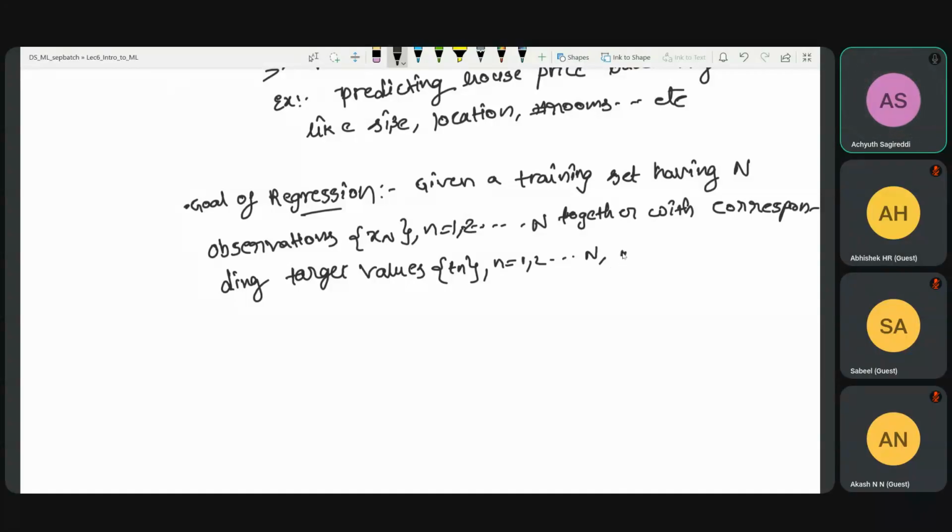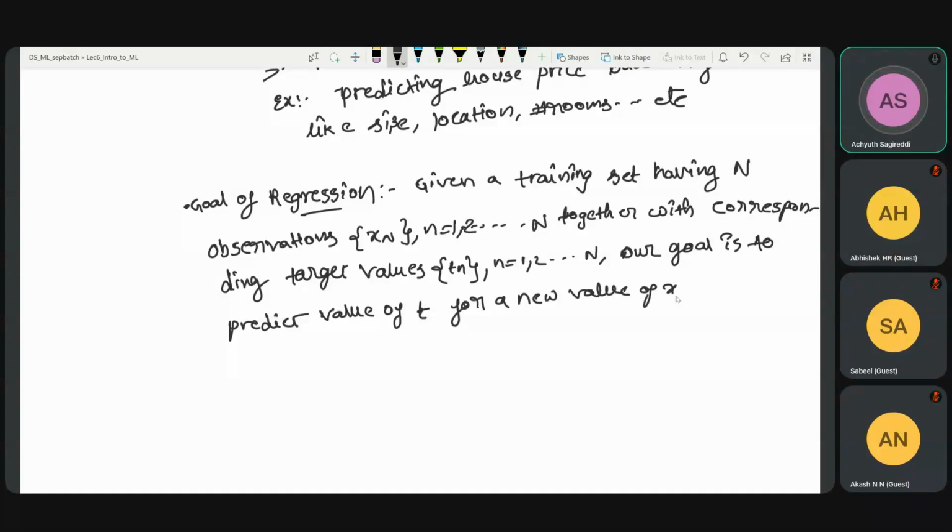The goal is to predict the value of t for a new value of x. What does it mean?